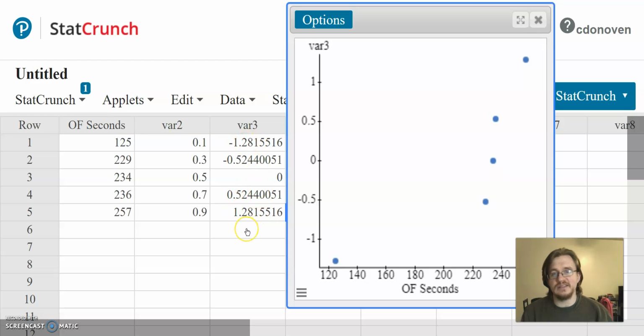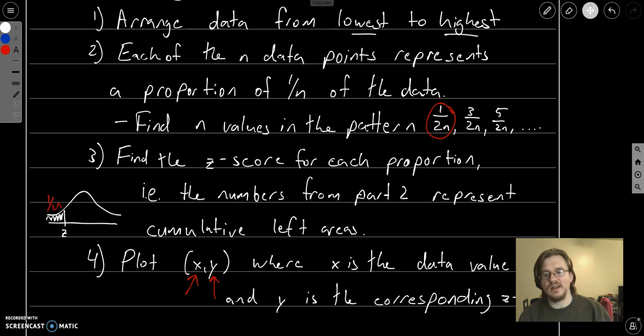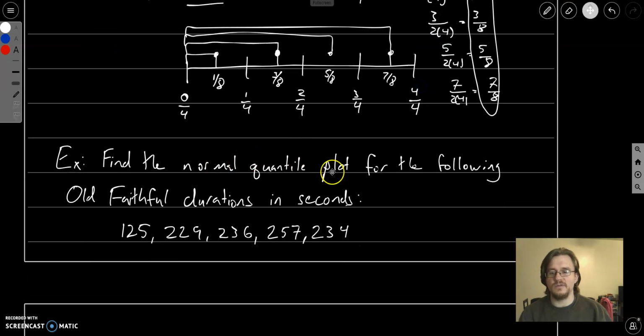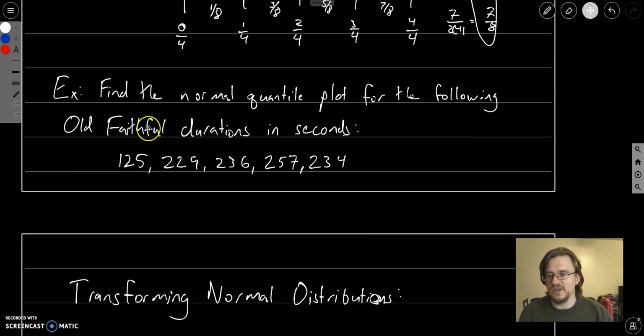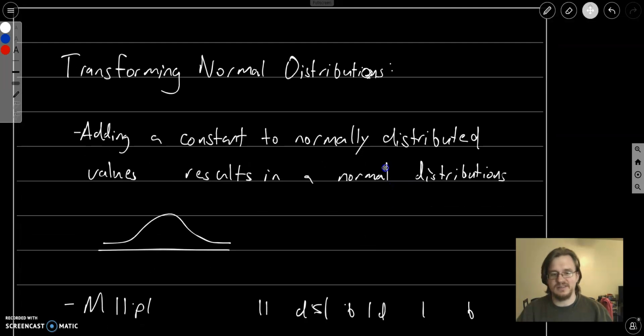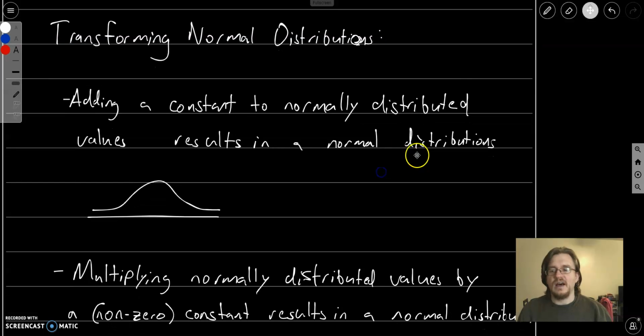There's the corresponding z-scores in the normal distribution, and plot it. So we did that, and we determined that these values don't come from a normal distribution. In fact, just relying on some old knowledge, this should be a bimodal distribution, but that's neither here nor there.